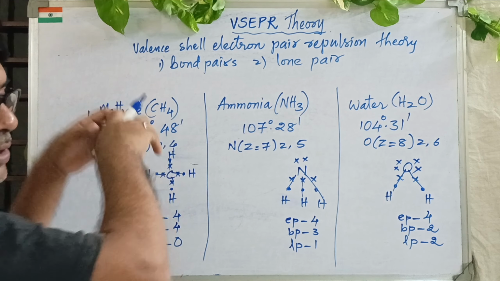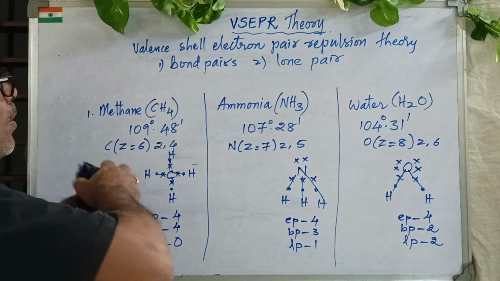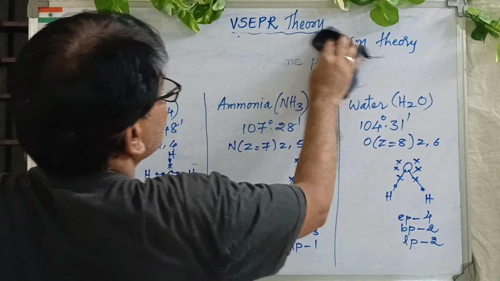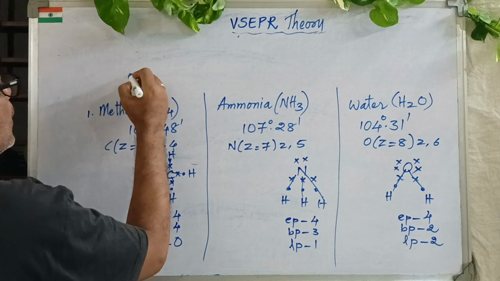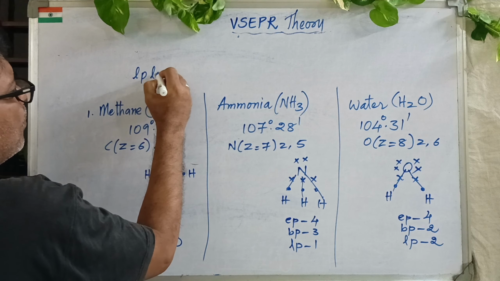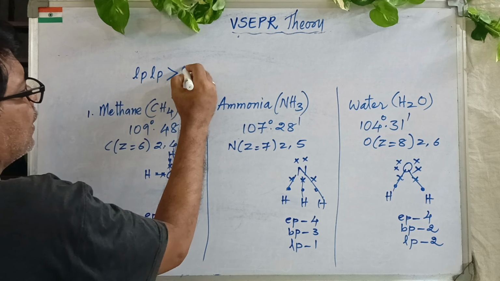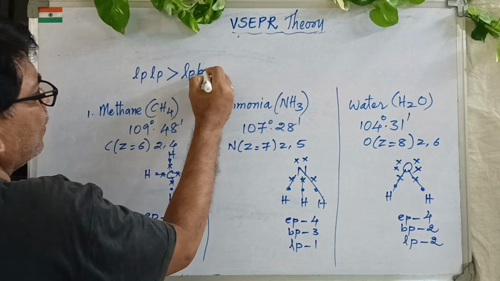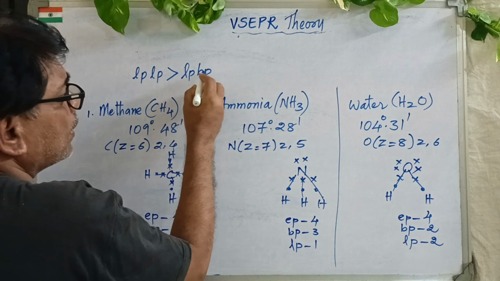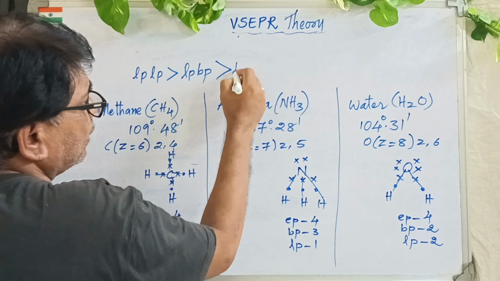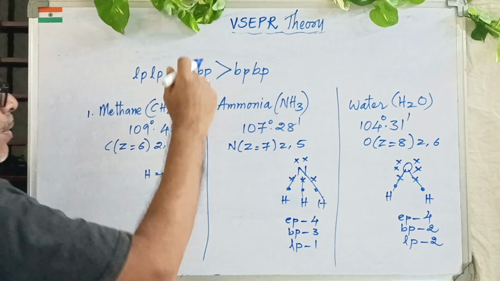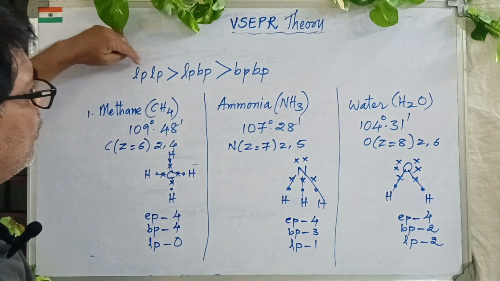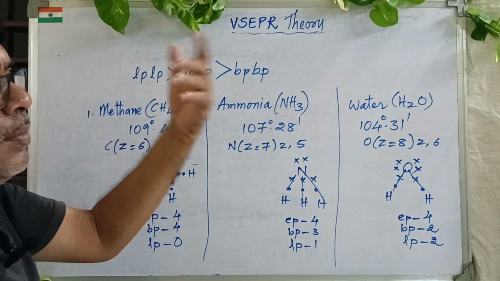The main concept of valency shell electron pair repulsion theory is that lone pair-lone pair repulsion is greater than lone pair-bond pair repulsion, which is greater than bond pair-bond pair repulsion. What do you understand by this? If you find more lone pairs, repulsion will be more.